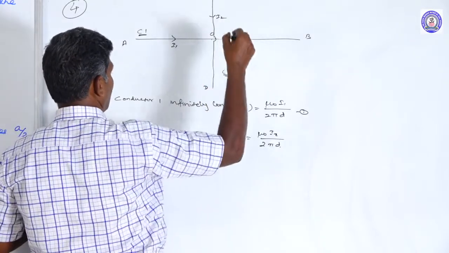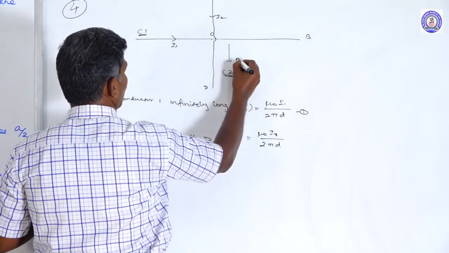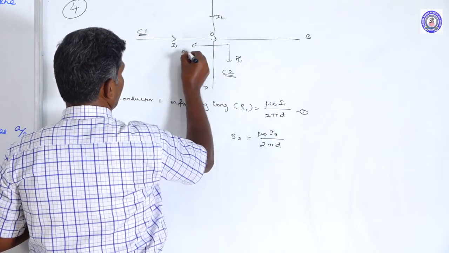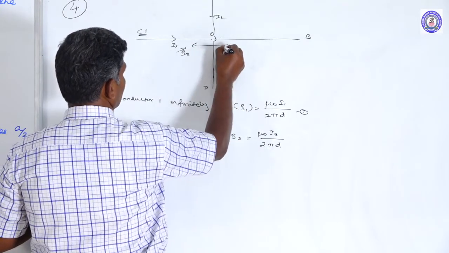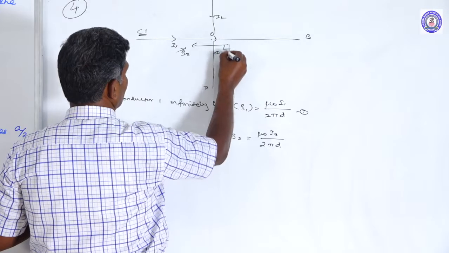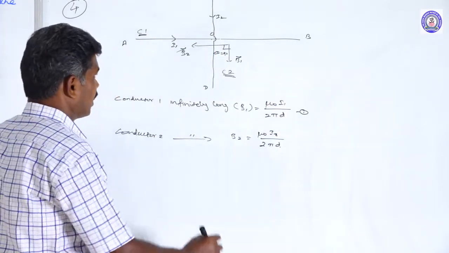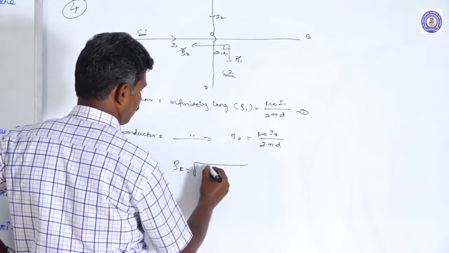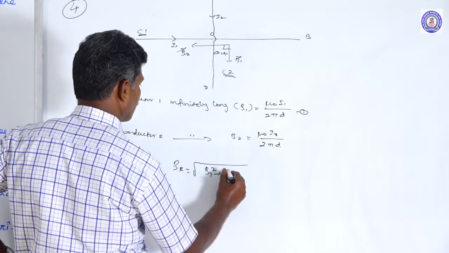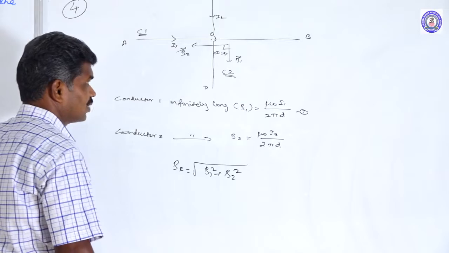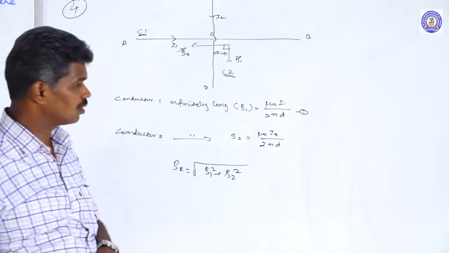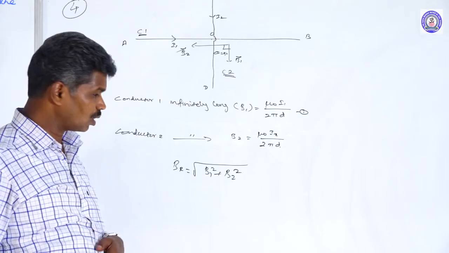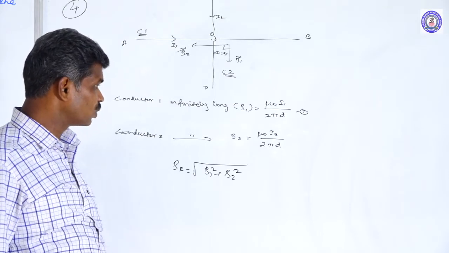B1 vector acts in this direction, B2 vector acts in this direction, and the two make an angle of 90 degrees. That's why the resultant magnetic field BR is equal to square root of B1 square plus B2 square. If the two vectors are at a right angle, the resultant magnetic induction is BR equal to square root of B1 square plus B2 square.